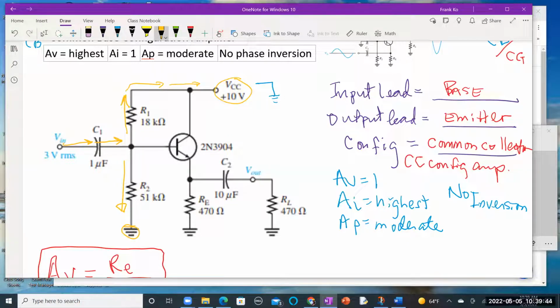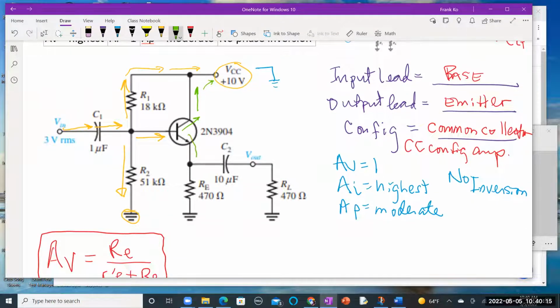There's a third path, and that is to go directly into the transistor. So as the signal can go directly into the transistor, this is what happens on the input side. On the output side, let's see what happens. On the output side, the signal can come up here and go to the DC source as ground.